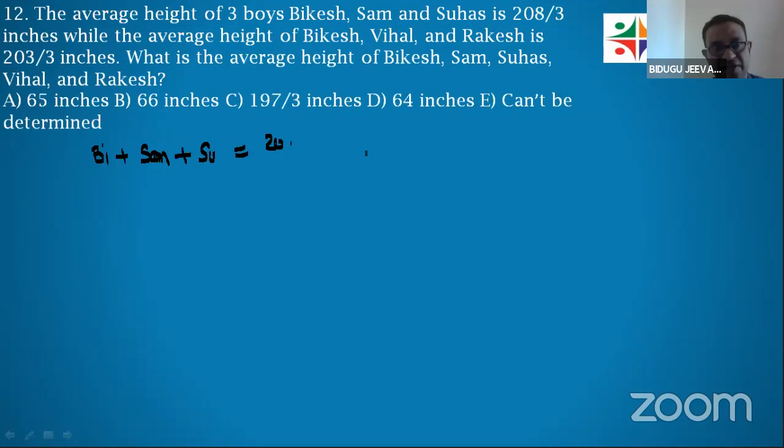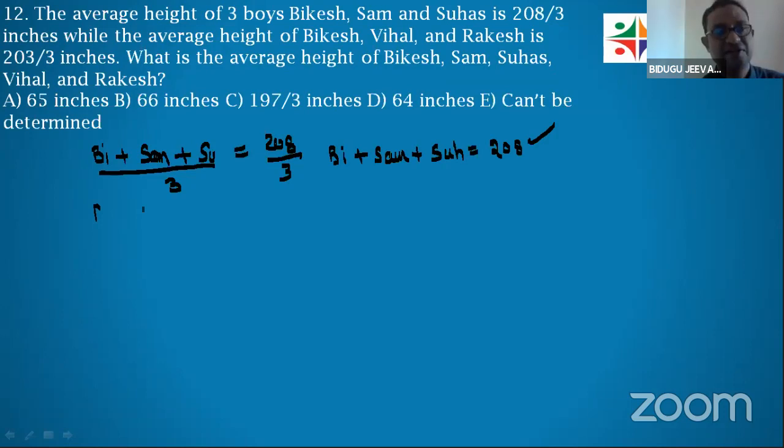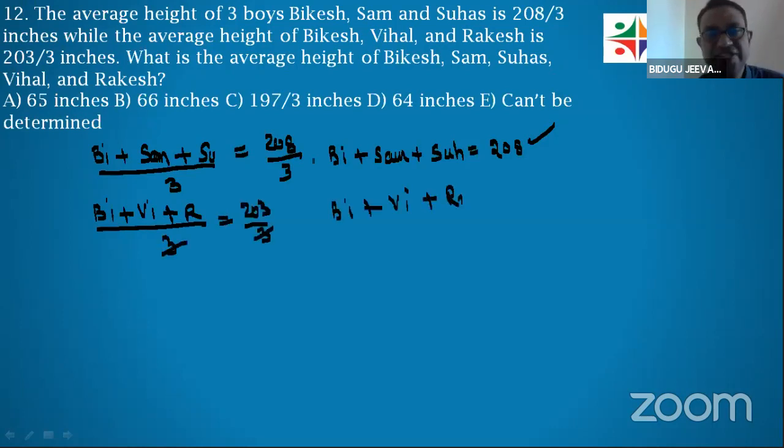Next, the average height of Bikesh, Vishal and Rakesh is given as 203 by 3, right? So Bikesh, Vishal as well as Rakesh is nothing but 203. Wonderful. Now we need to simplify both to get the required answer.